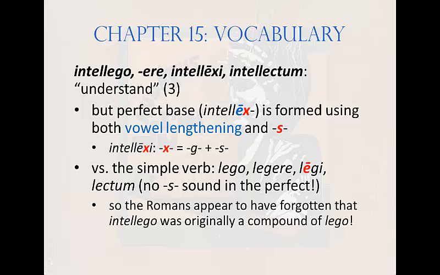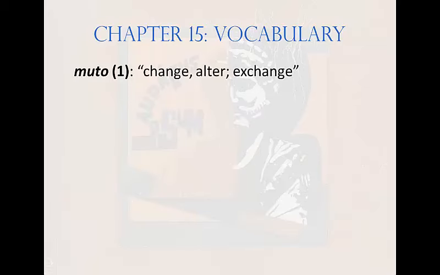So apparently the Romans forgot that intellego was originally a compound of lego. In the same way, we have forgotten that behave is a compound of have, and thus we do not say be had, but behaved.